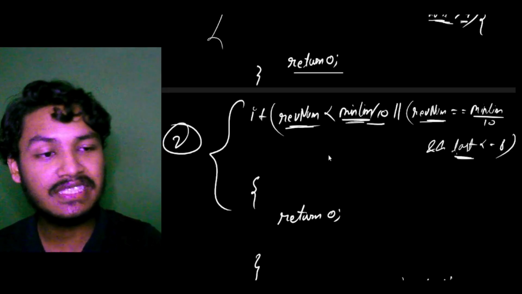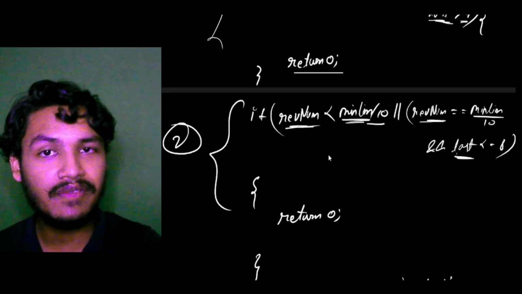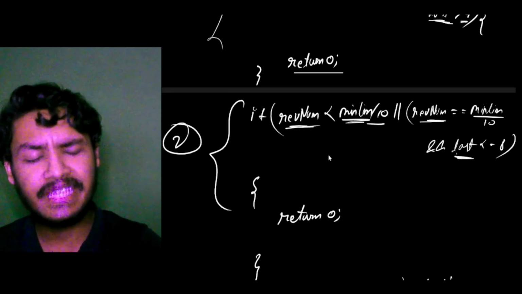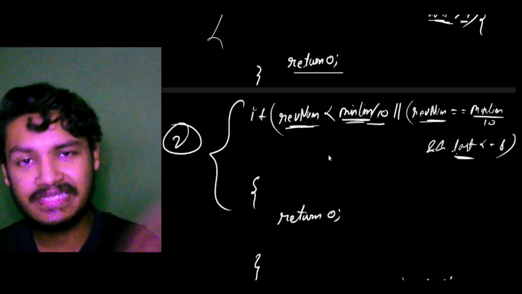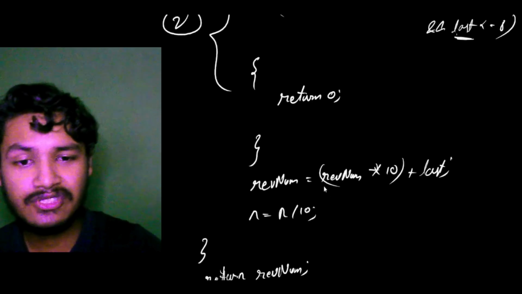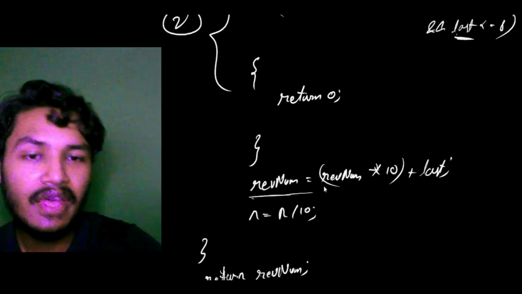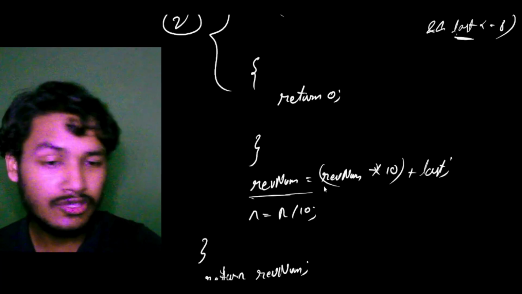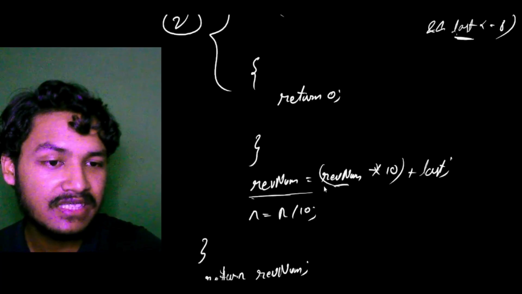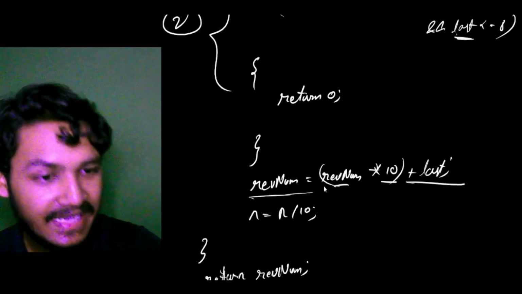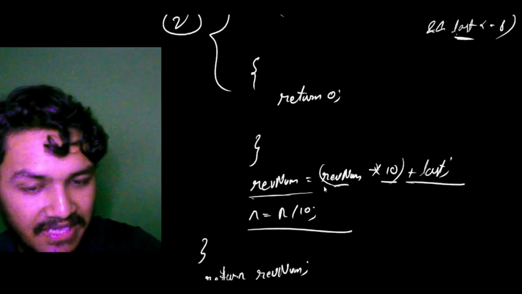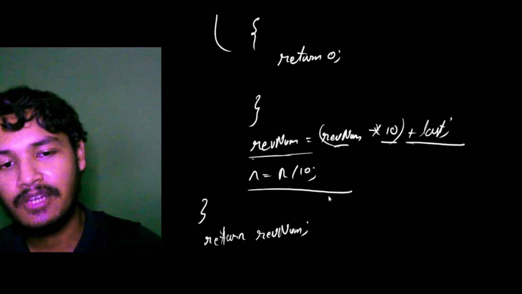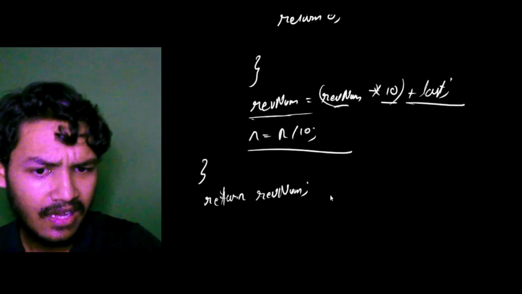If the last digit is less than -8, we will return 0. If both cases are not true, we multiply this number with 10, add the last digit, and divide the number by 10, and after completion of this while loop, we return the reverse number.